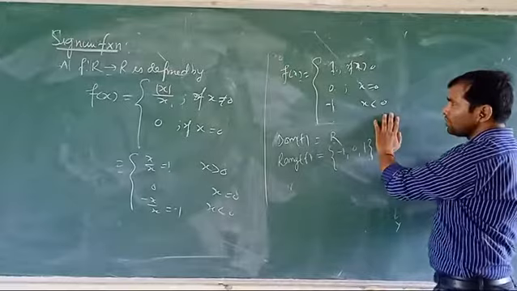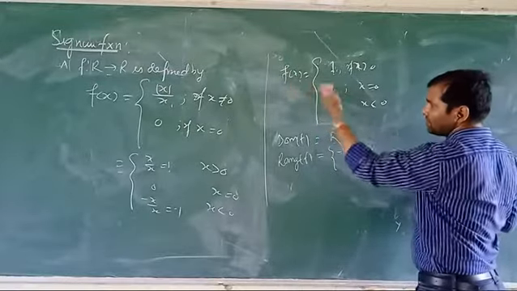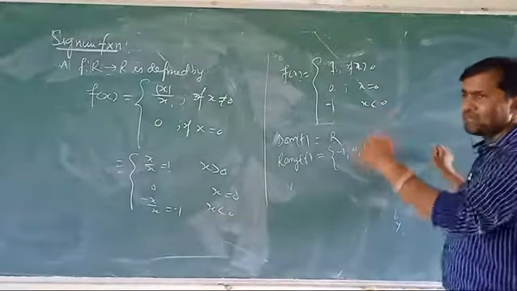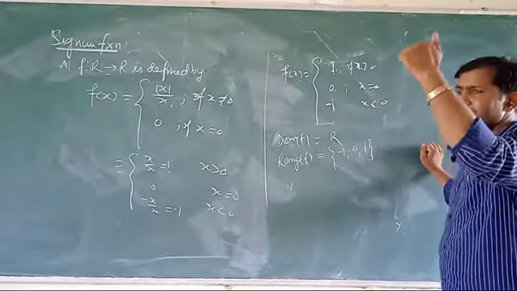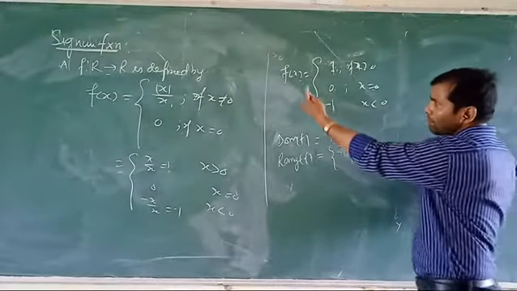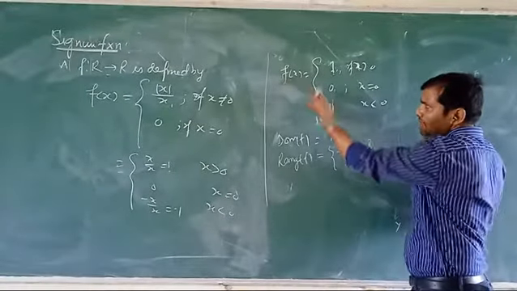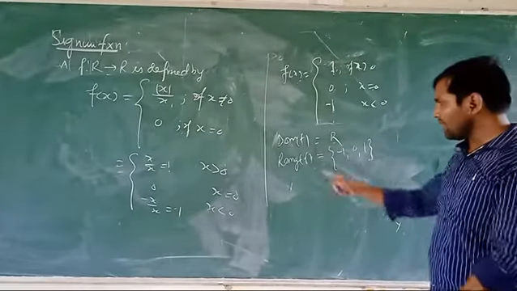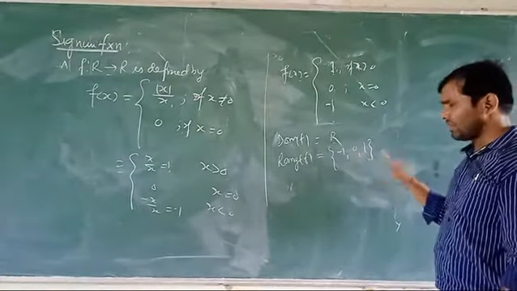When x is equal to 0, the value of the function is 0. When x is less than 0, it means minus 1, minus 2, minus 3, minus 3.3, minus 3.7, whatever you put, less than 0, then what value of the function will we always get? Minus 1. Okay, so that's why our range is minus 1, 0, 1.